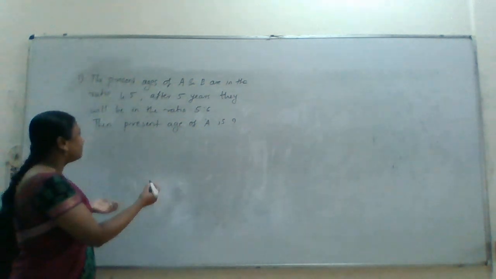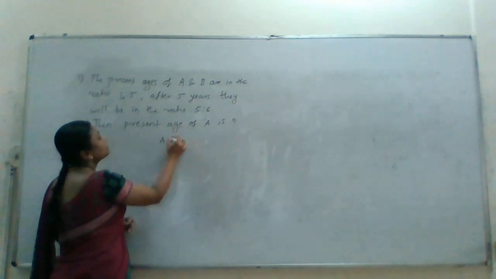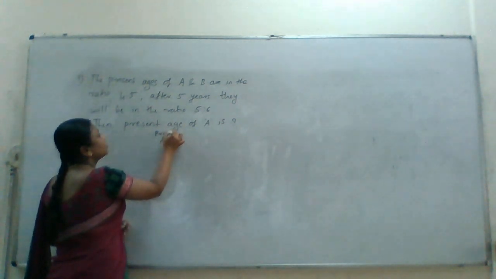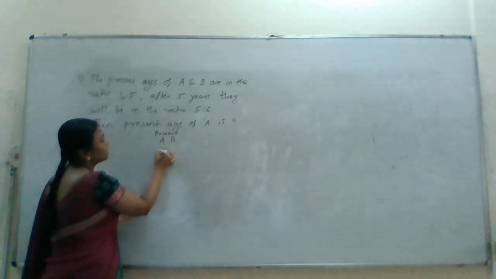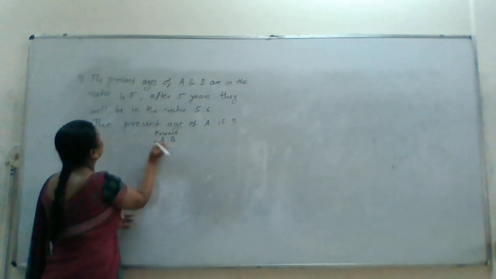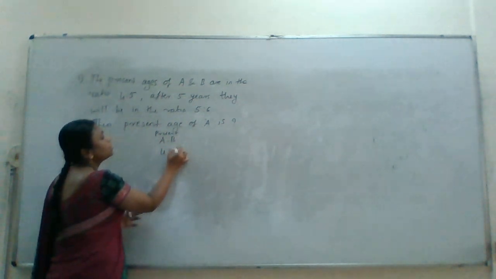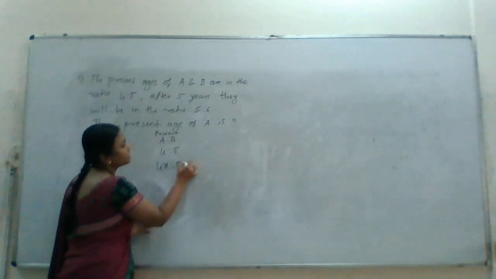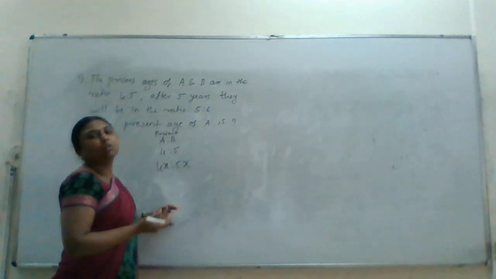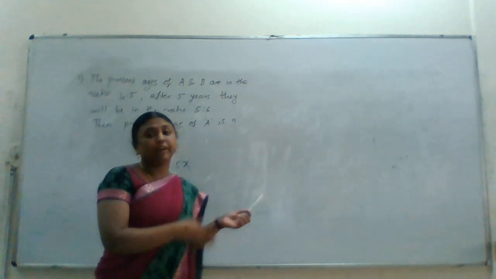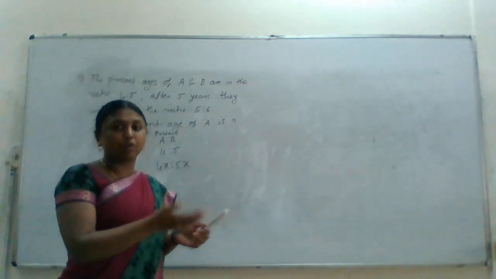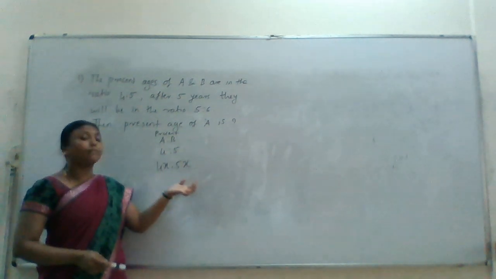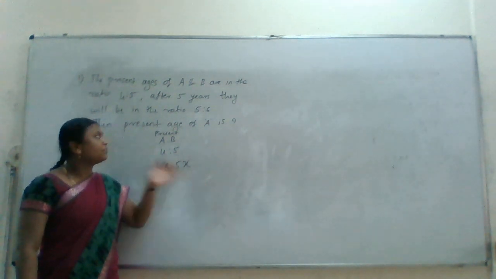So they are given A is to B present age, that is in the ratio 4:5. How can I write this? 4x:5x. We don't know, 4:5 may mean 20:25 or 30:40, so you can write it as 4x:5x.